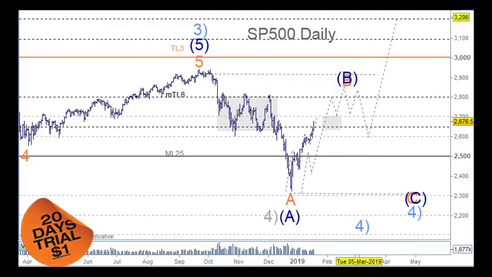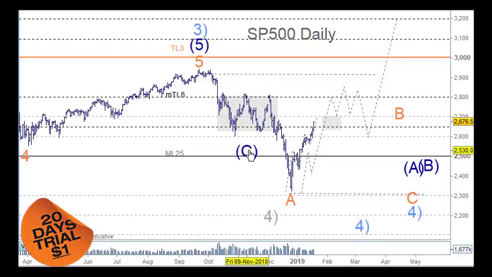So yeah, there's a good case for, if I can just move these out of the way here, the A, B, and C here. Well, we can put those in here now. So there's a good case for this to be in play here.